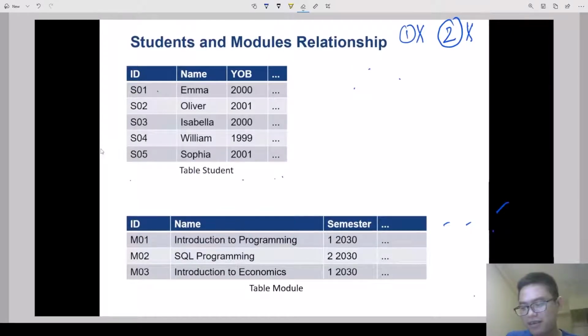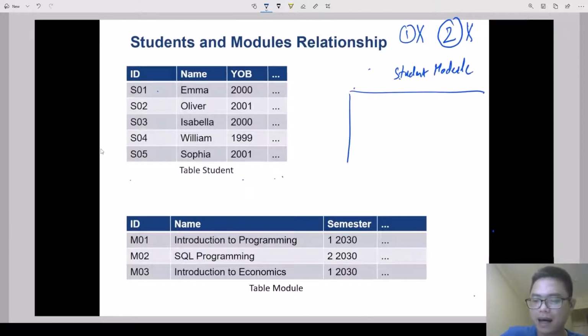So how can we solve this problem? You know that we try to get the simplest solution by not creating another table. But in this situation, we'll have to create another table. Let's say we create another table called student and module, or learning, or anything.